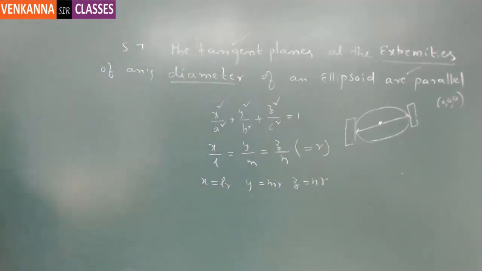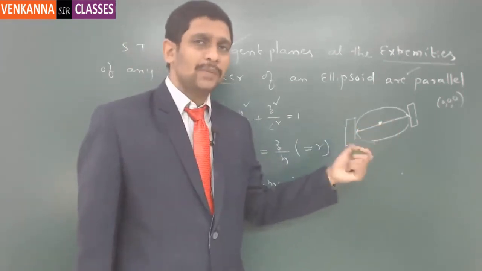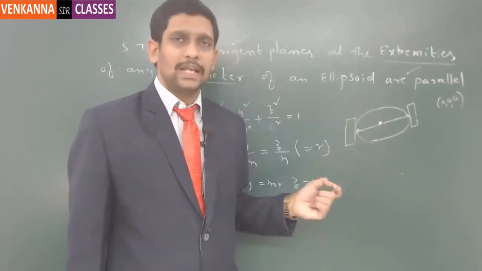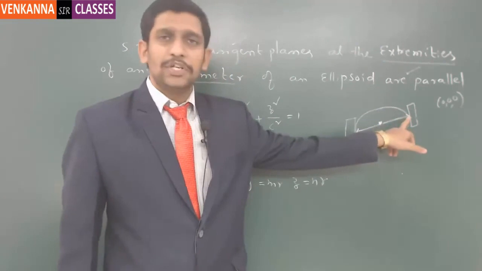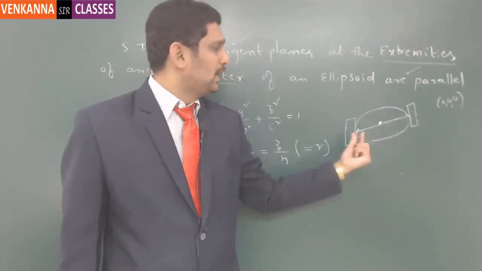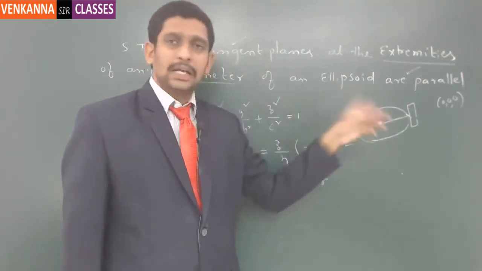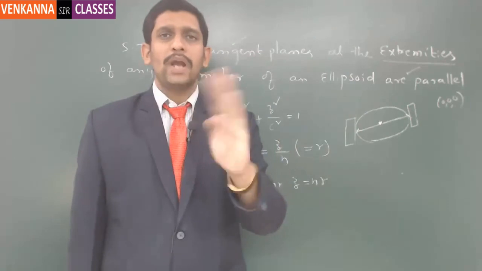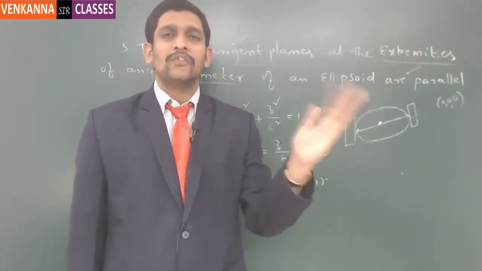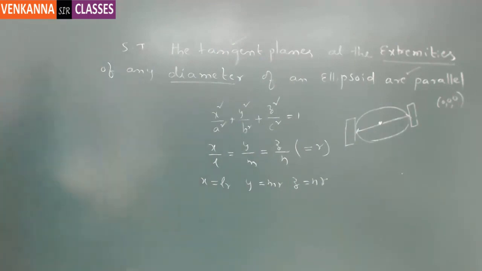So for different values of r, we will get different points on this line. For a particular value of r, you will get the point here, and here also you will get one. Since you are taking the end points, if one point is negative the other will be positive, because you are taking the opposite ends. And the center is nothing but the origin here for the ellipsoid.